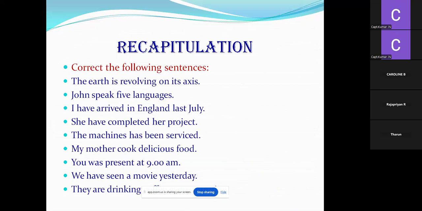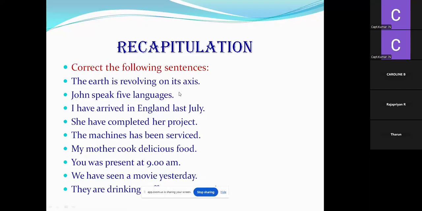But when we talk about universal facts, which tense should we use? Do you remember? Simple present tense, isn't it? The earth is third person singular. So here, present continuous tense won't come. We have to use revolves. The earth revolves on its axis.